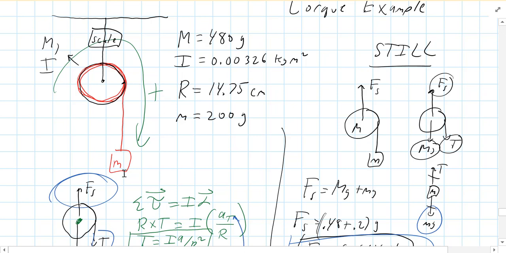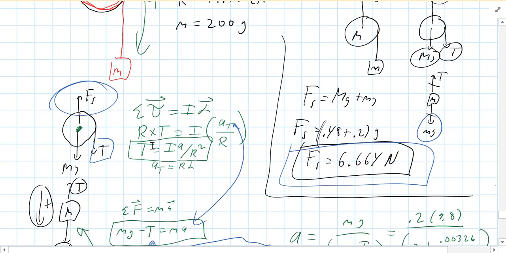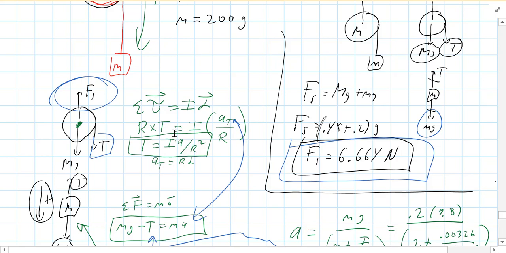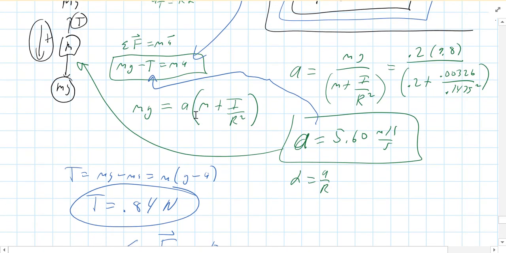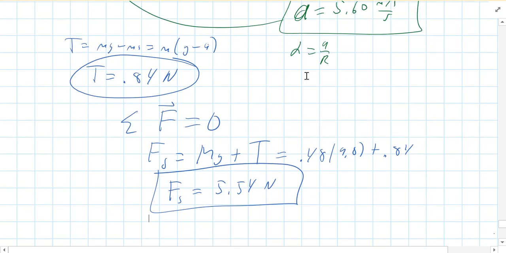You would calculate the acceleration by measuring time and distance, and then you would set up Newton's second law of rotation for the pulley and Newton's second law of motion for the mass, and you would eliminate tension in those equations, and you would solve for I. Okay, and basically you would get this equation right here, and you would just get I by itself, and the radius, you can measure that, the little mass is 200 grams, and you have figured out A from timing it through a distance.